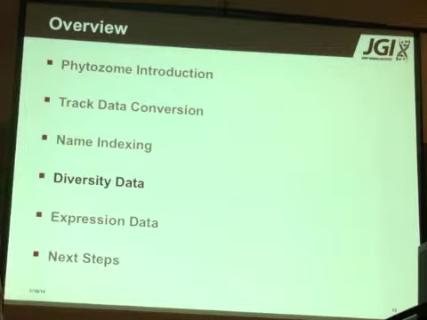And that era is kind of coming to an end, and especially now with the capabilities of RNA-seq and all of the various applications of that, as well as Illumina reads in general for sequencing across a whole population and comparing that to the reference. We needed some pretty robust ways of dealing with that. So I'm going to run through a couple of case studies of data dealing with diversity and variation data, and then also some look at expression.